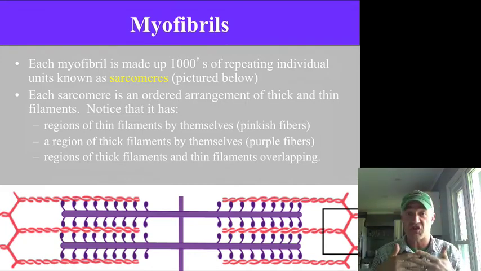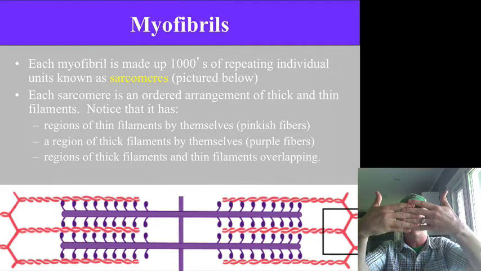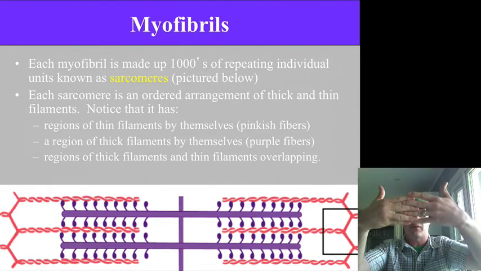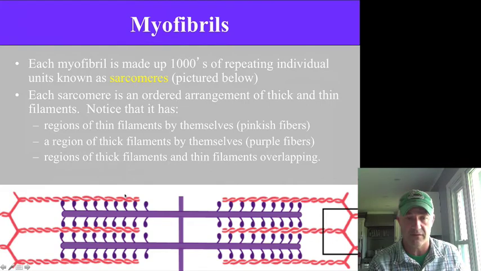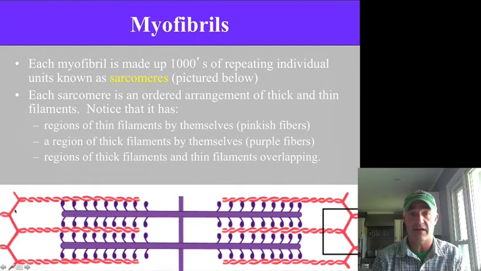Because this is such a structured, ordered fashion, those striations that we've been looking at on skeletal muscle, that dark and light area, is basically that overlap that we're talking about here. Where there's thick filaments, that is a region that's going to stain dark. And then the lighter region is where there's no thick filaments, so that is that alternating what we call A and I band, and that we'll get into.